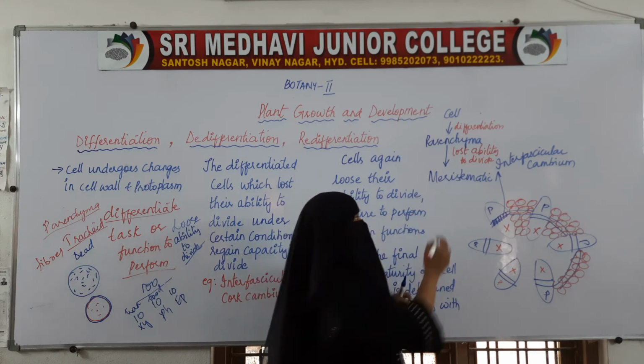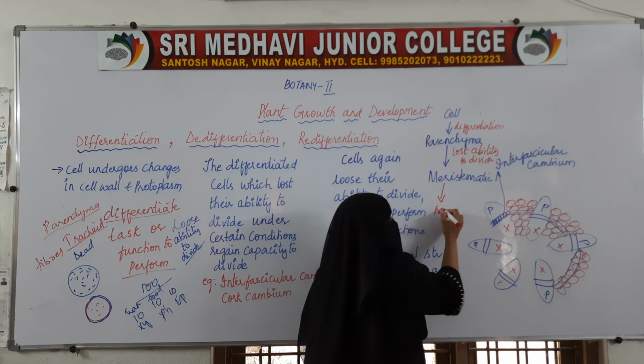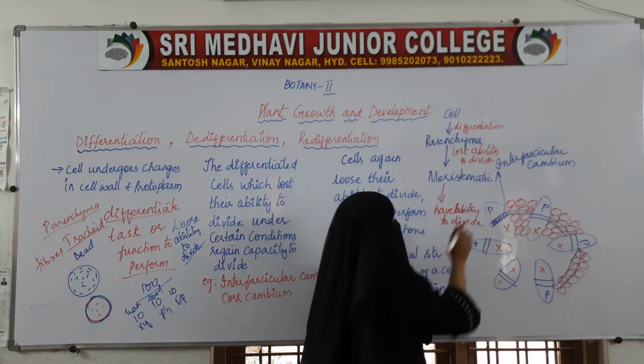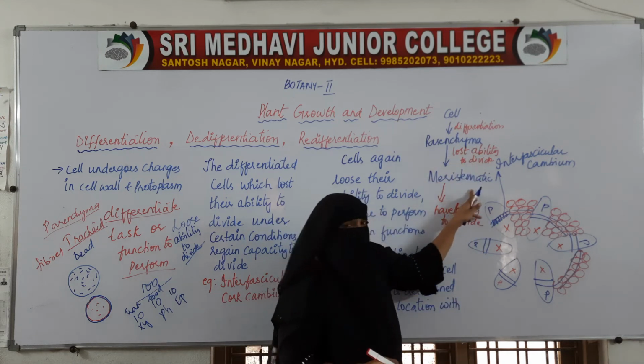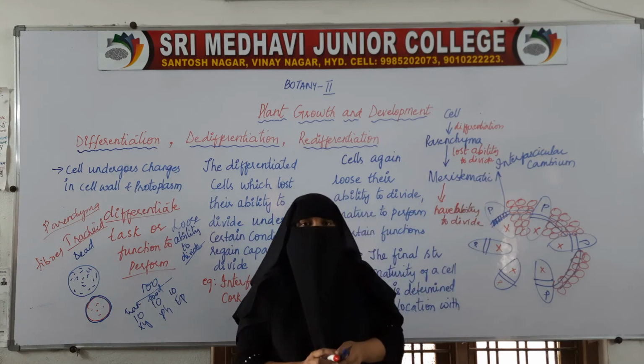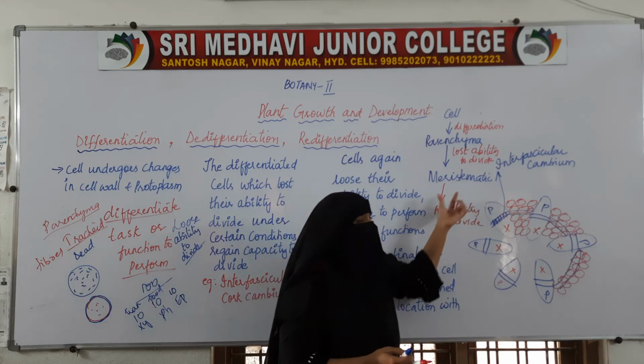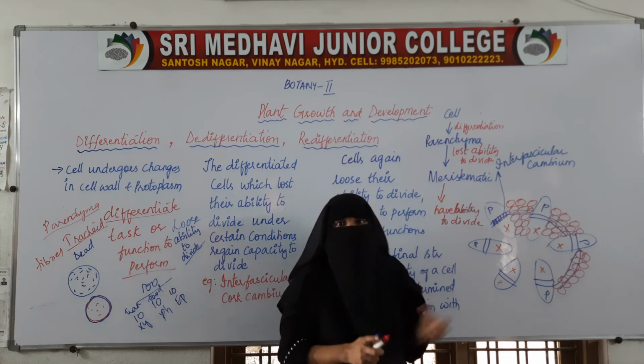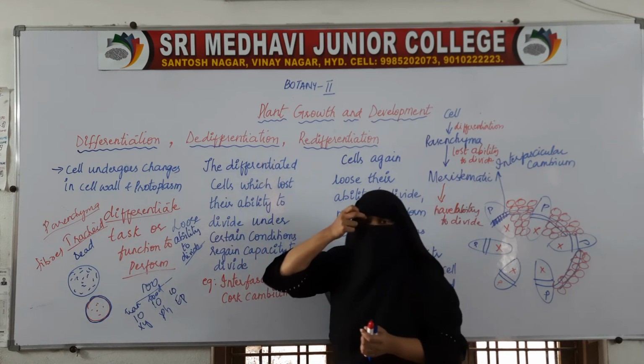Meristematic tissues will have the ability to divide. Here they lost the ability. After changing into meristematic cells, they again regain their ability to divide. Now this process is called dedifferentiation.